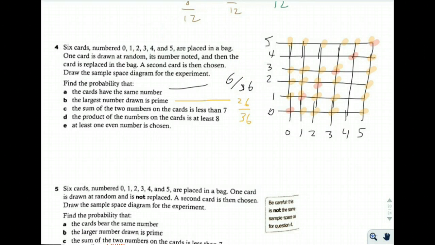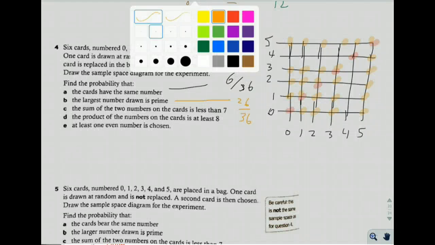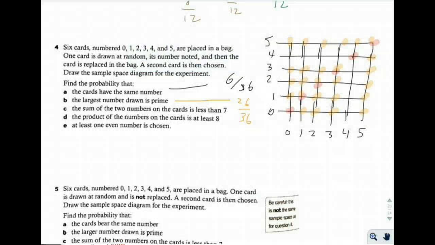The sum of the two numbers on the cards is less than 7. So less than 7 would be the sum. So that would be 5 and 0, 5 and 1. 5 and 2 is 7, so not that. 4 and 0, 4 and 1, 4 and 2. 3 and 0, 3 and 1, 3 and 2, 3 and 3, but not 3 and 4. 2, you can see the pattern developing now.